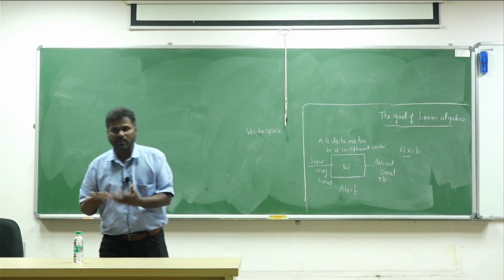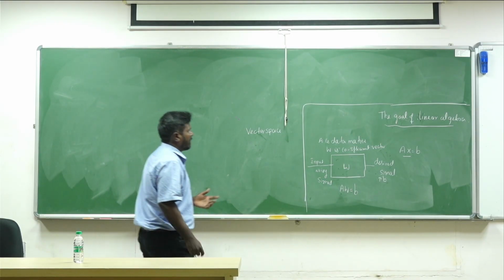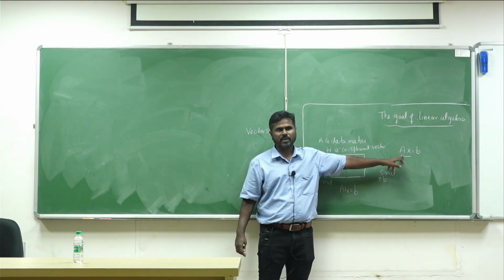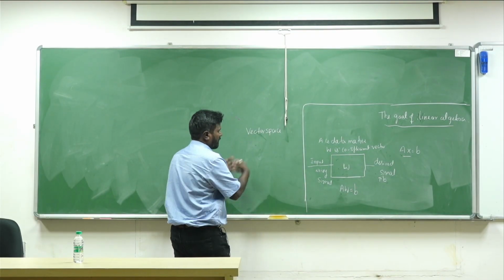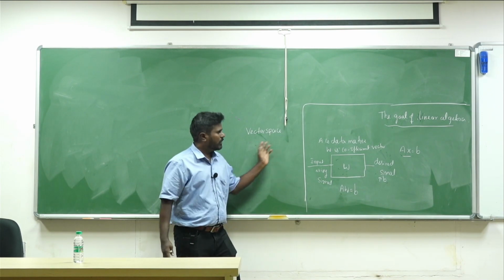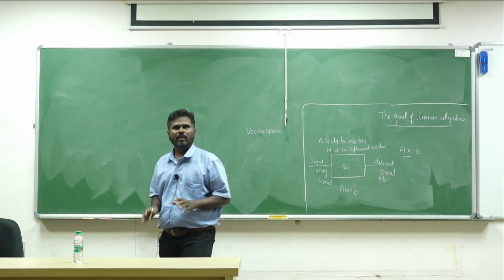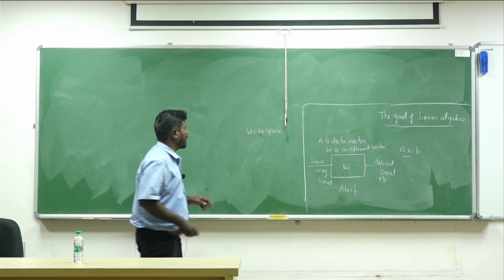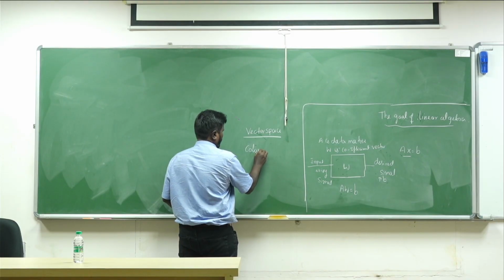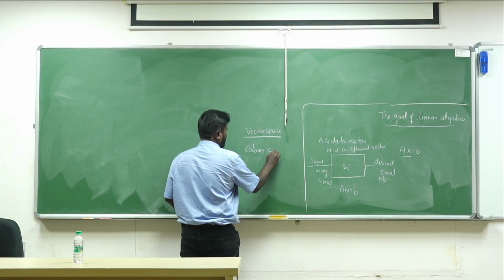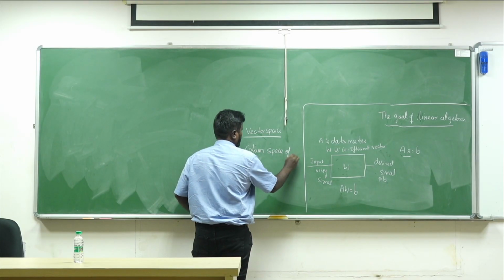How do you generate the vector spaces with respect to A? What is the connection between the vector spaces and Ax equal to b? So you may see the column space of A.